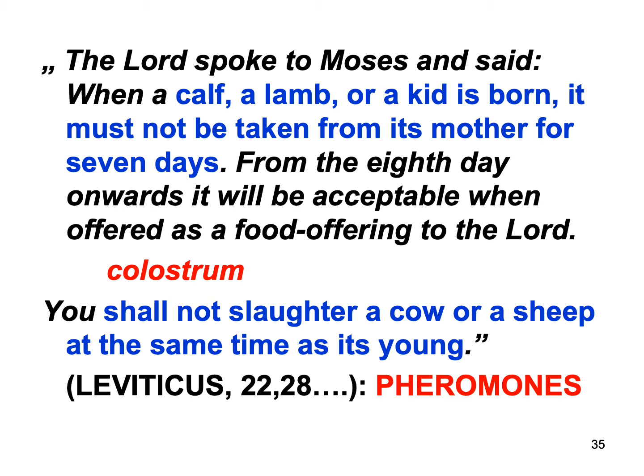And you see in the Leviticus, this is the third book of the Bible, the Lord spoke to Moses and said, "When a calf, a lamb, or a kid is born, it must not be taken from its mother for 7 days."